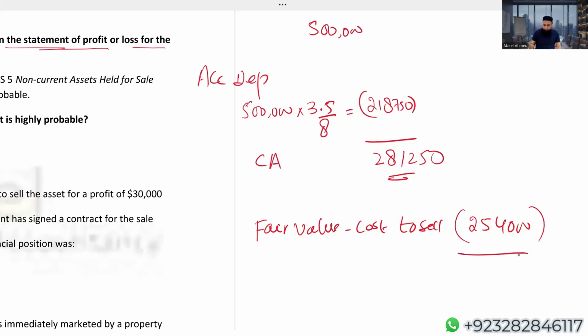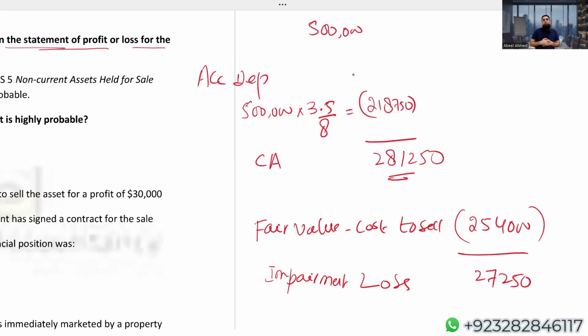Logically, under IFRS 5, I have to recognize an impairment loss, the difference of these two: 2,81,250 minus 254,000. I'm getting an impairment loss of 27,250, but this 27,250 is not your answer.